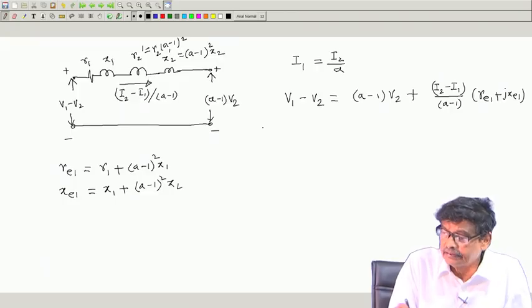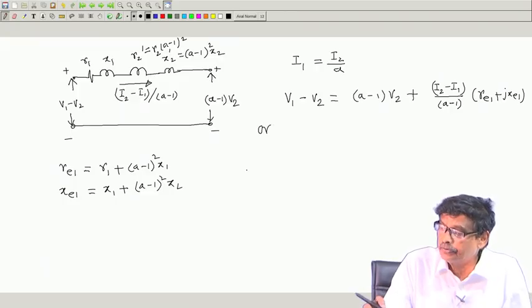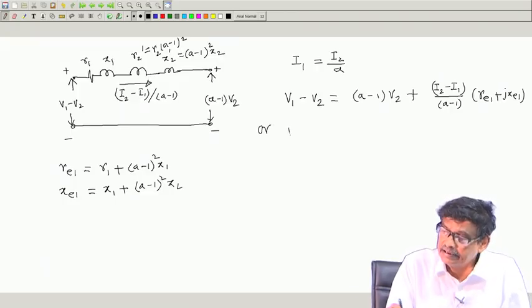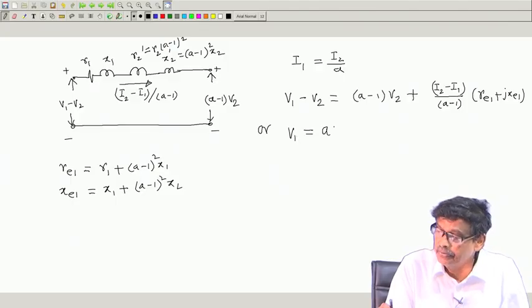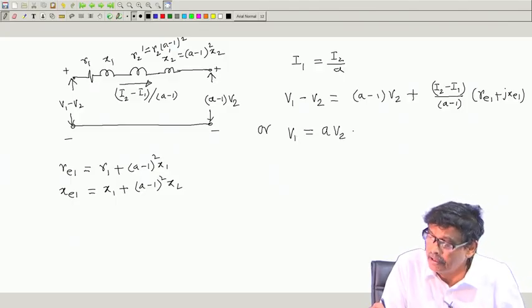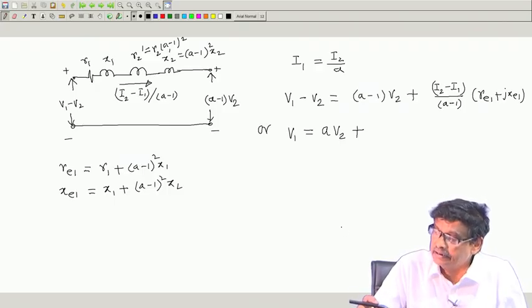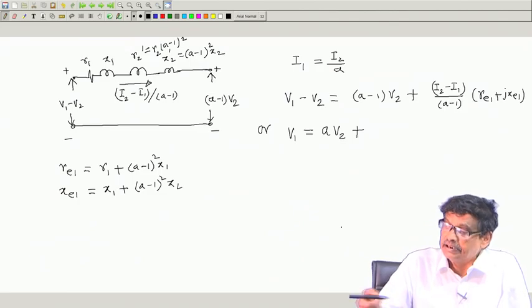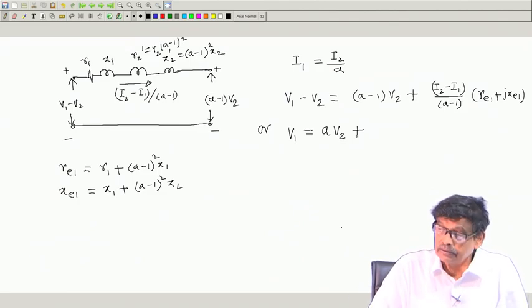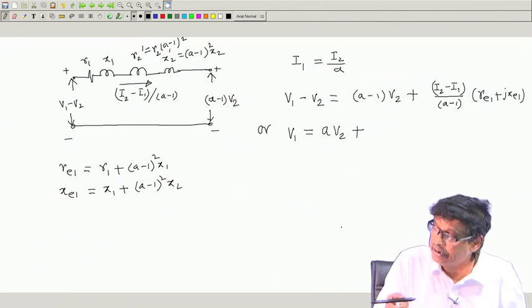And from this, if you move this V 2 to this side, then you will see V 1 is equal to A V 2, very good, plus I want to have I 1 here, in terms of I 1. So, what is I 2? I 2 is A I 1.